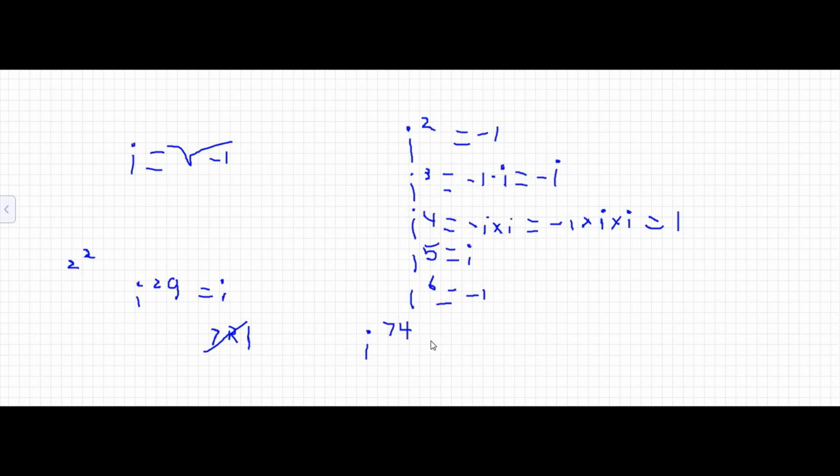So what you gotta do is, first we gotta divide the 74 by 4. 74 divided by 4 is 18, and you have a remainder of 2. And then you don't really care about the 18, and then all you do is put this remainder of 2, and it's i and -1. So i to the 74th is -1.